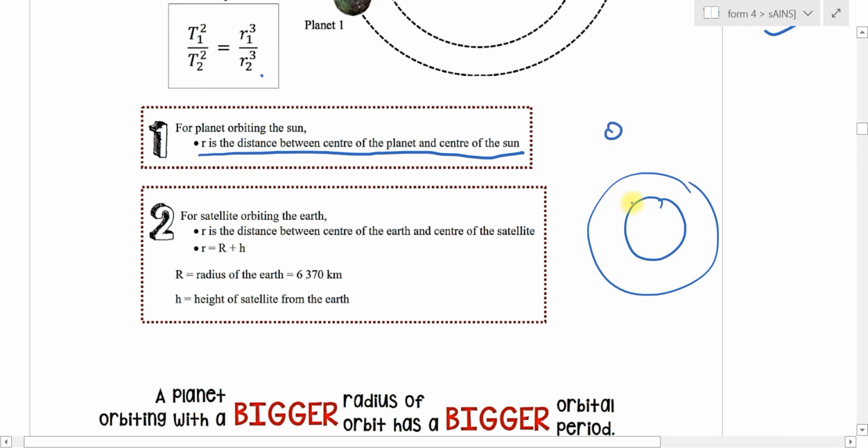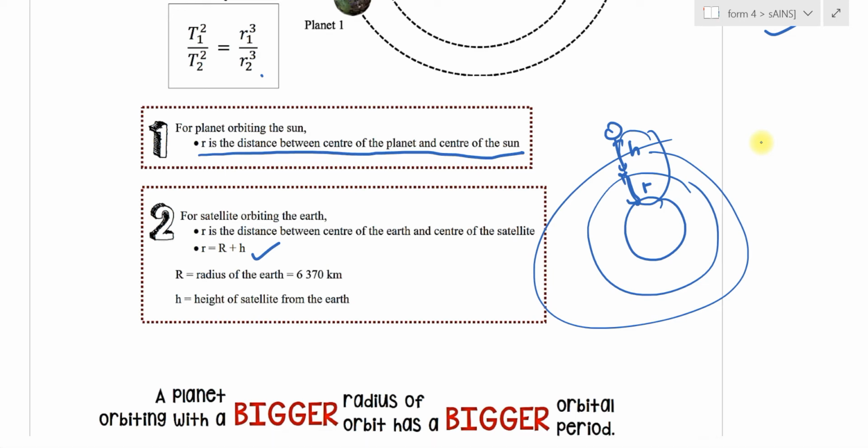So from here to here is the normal radius of the Earth, and then from here to here is the height. So the total radius kita kena ambil R plus H lah. Berapa lama satellite ni dia revolve. Okay, whenever it's a satellite, remember you need to take the radius of the Earth and the height of satellite from the Earth.